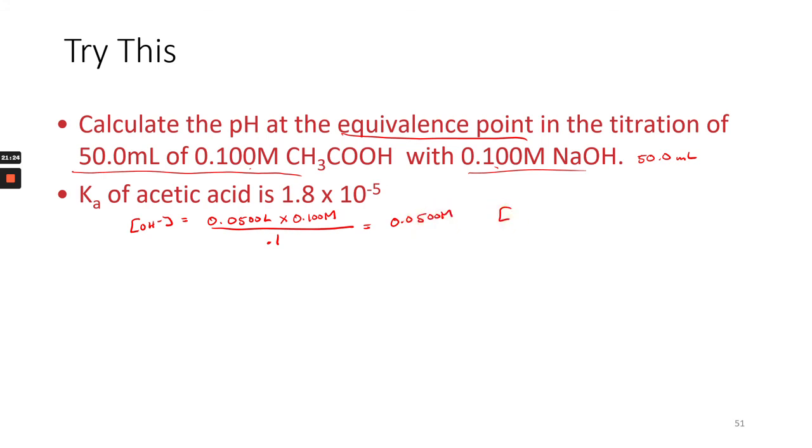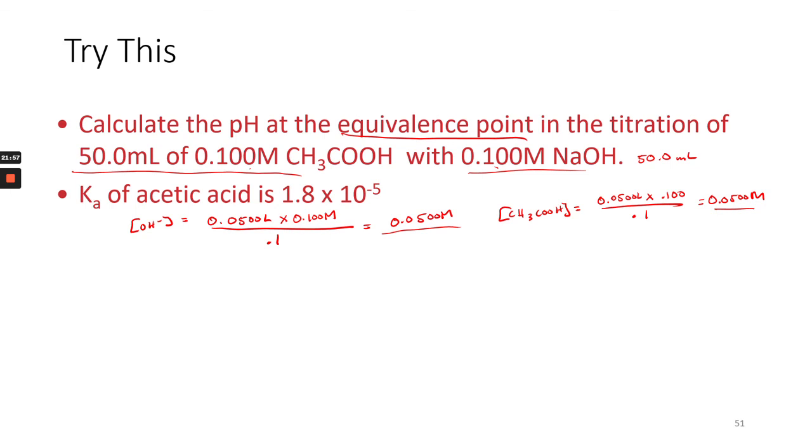And let's do acetic acid. What do you notice immediately about your concentrations? They are the same, right? And we're at the equivalence point, so they have the same amount of moles. And if they have the same volume, then their concentration is going to be the same.